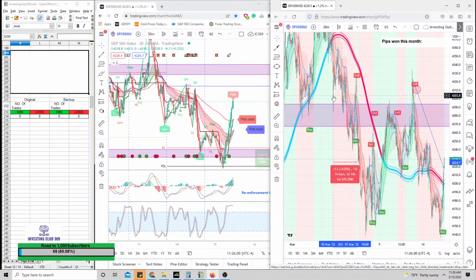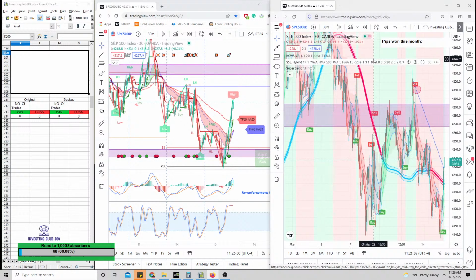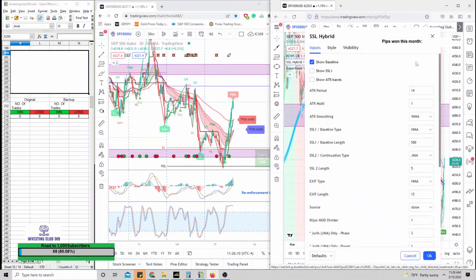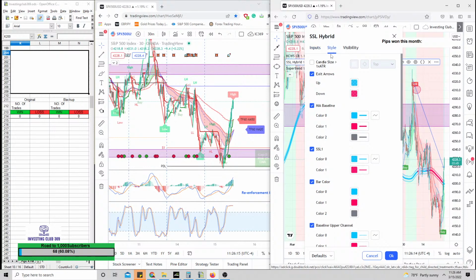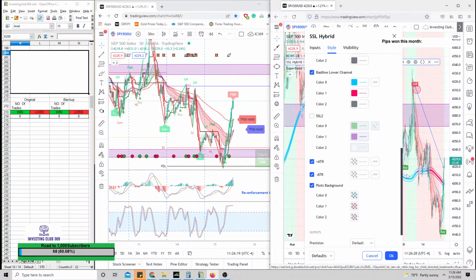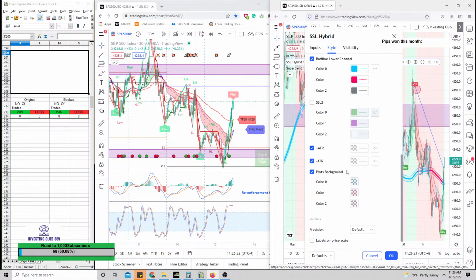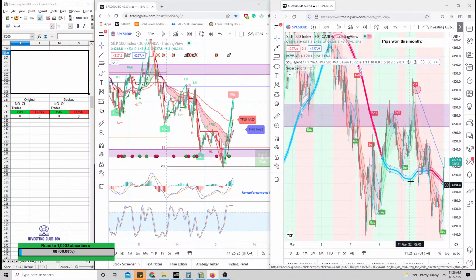When I click on the band, on style, yeah, let's see. It has the ATRs right here. But I believe the ATR band is those two lines. And the one in the middle is the moving average.